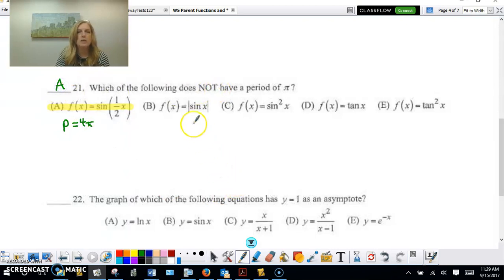But now let's talk about why the other ones are okay. Sine itself has a period of 2 pi. But the minute you do the absolute value on the outside, remember that flips the bottom section up. So that graph is going to look like this now. And when it flips the bottom up, you'll notice that it does repeat every pi. This one, when you square it, has the same effect as absolute value. It does change the graph slightly. It's going to become slightly taller because you're squaring now.